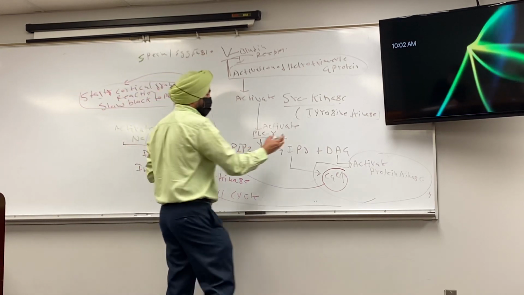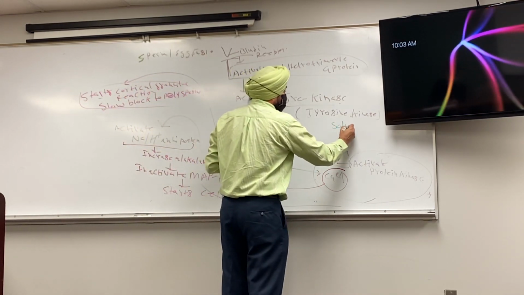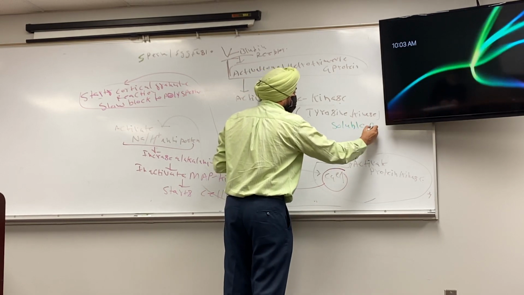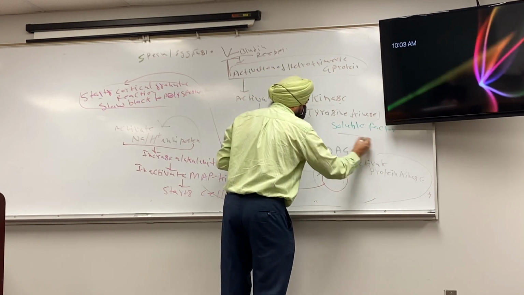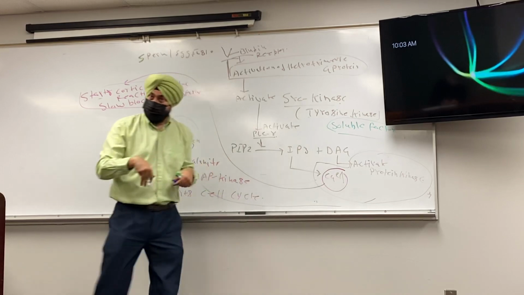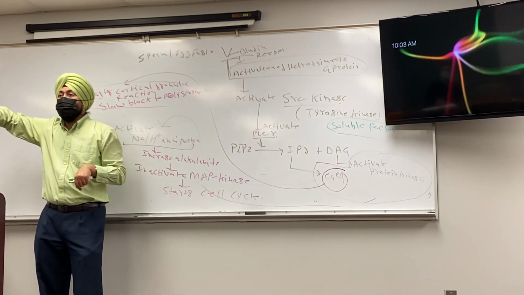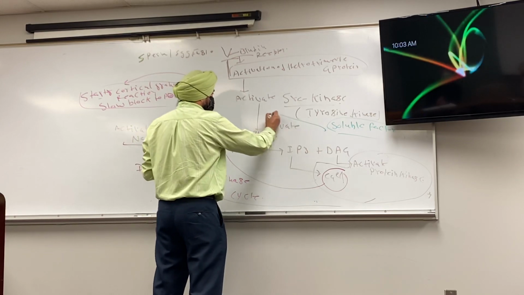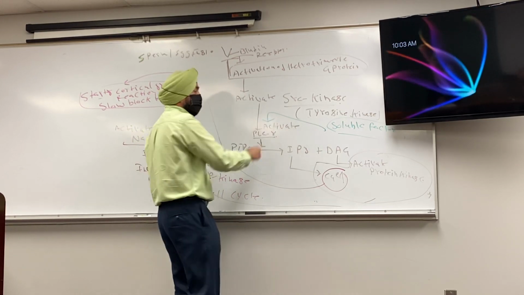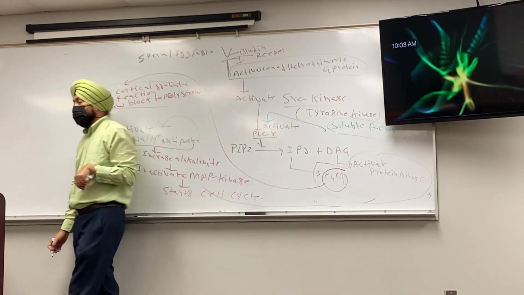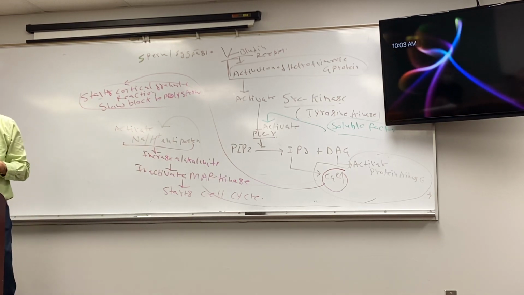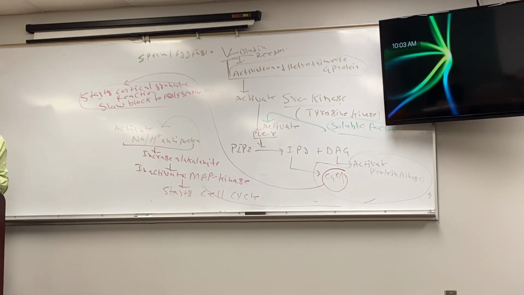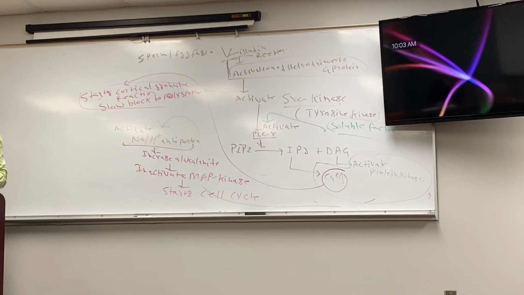Because the soluble factor is directly entering from the sperm to the egg, that soluble factor is going to activate the PLC gamma. Now, what is that soluble factor? We'll talk about it in the next lecture.